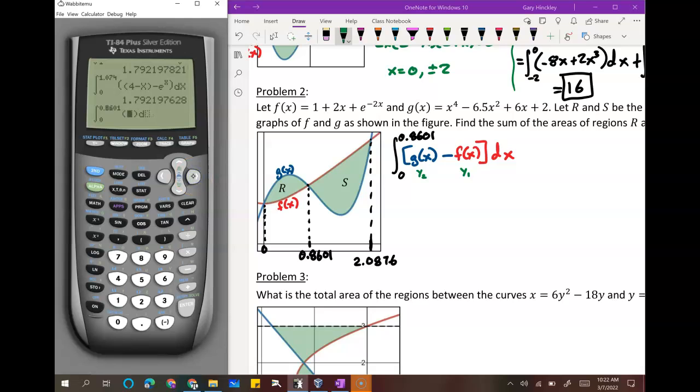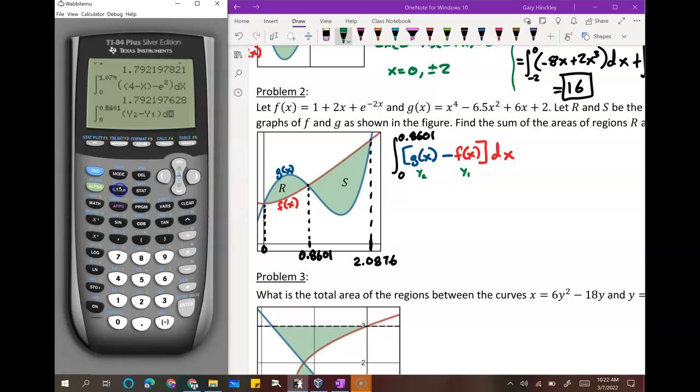But I want to show you this. Instead of having to type out all of g minus all of f, since I already defined them in my y-vars as y1 and y2, I can just recall that, say alpha and then this button here, and I get y2 minus y1.